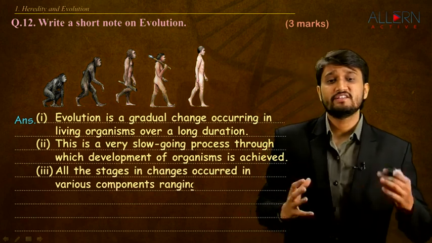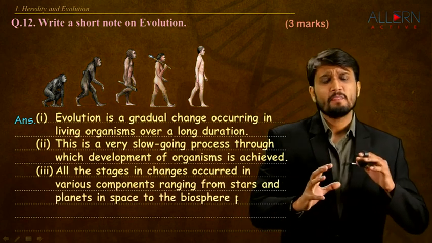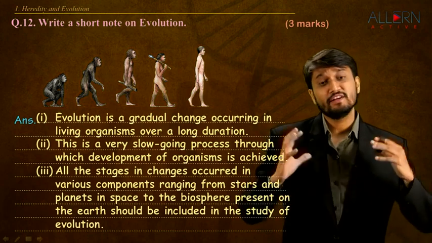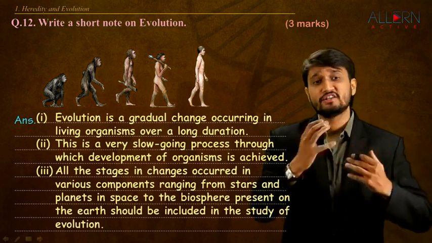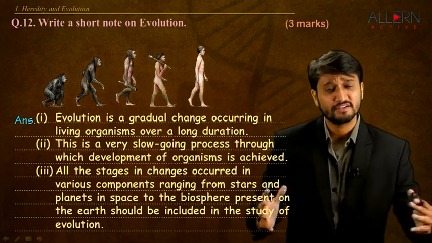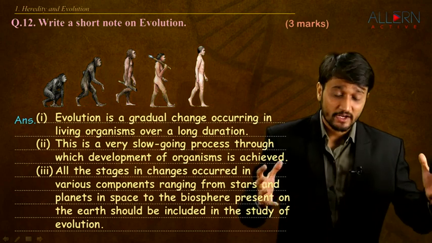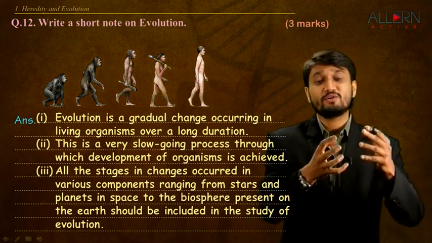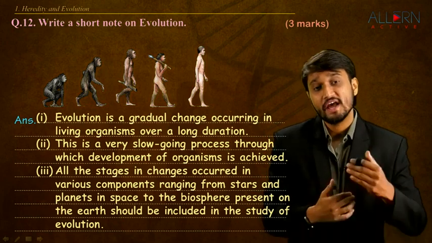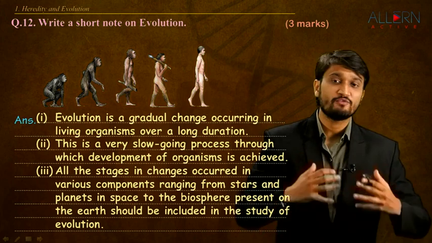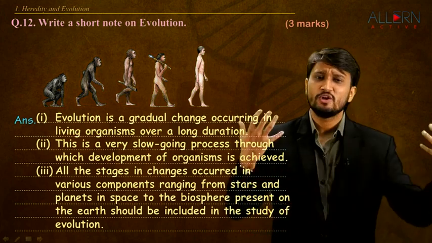Now, the changes happening here involve various different components, everything ranging from the movement of the stars and the different planets to the tides present on Earth. All these can be included in evolution, because the environment has an impact on living organisms, and living organisms have to adapt to their changing environment, and the environment can change because of all these different solar processes, right?